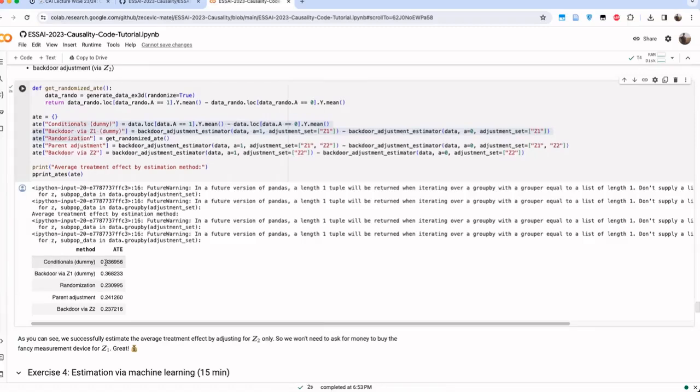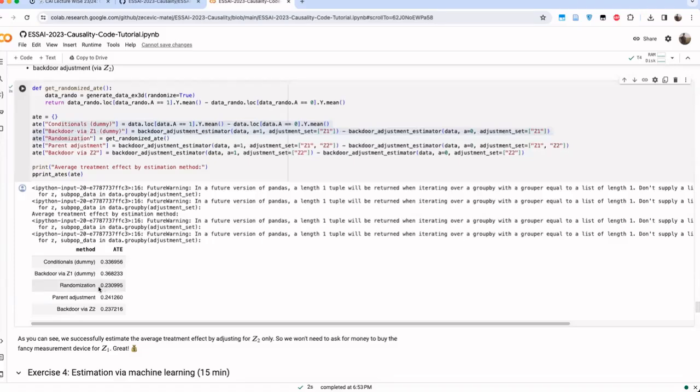But we can see that if we just take the conditional, obviously, because there's confounding, it's going to be wrong. If we just take the backdoor via Z1, so we actually measure this expensive device and then go via Z1, but forget about Z2, then again, we are wrong. And it's not going to be the same as just taking the conditional, obviously.